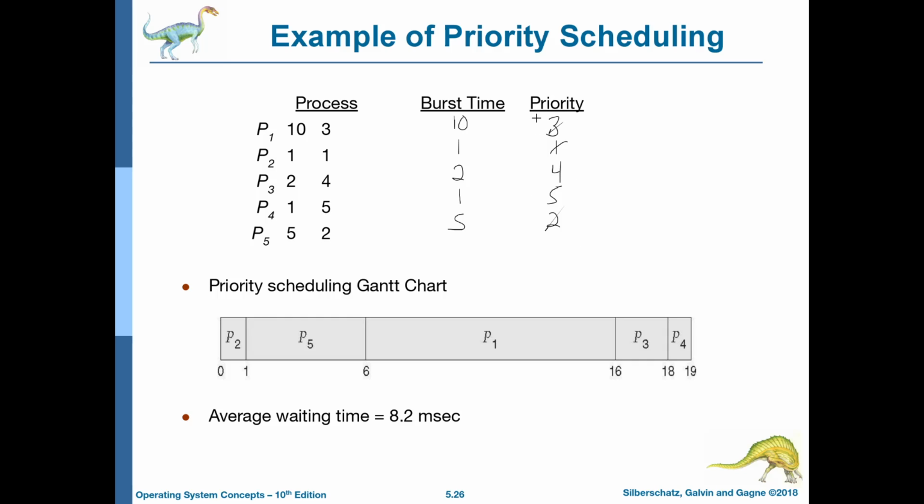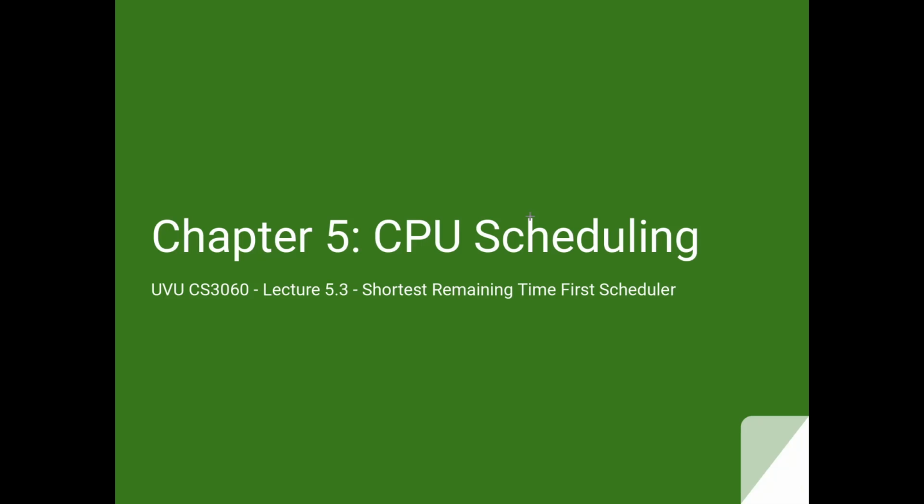We can set them based on a user priority value, or the kernel can have some algorithm for determining that priority. This ends lecture 5.3, where we discuss the shortest remaining time first scheduler.